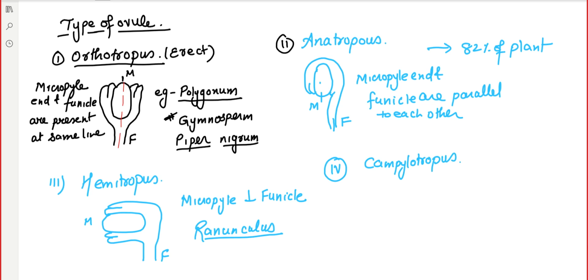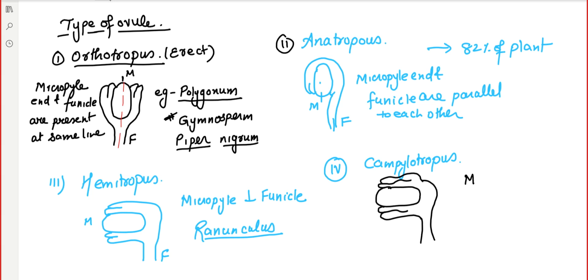Now campylotropous is exactly similar to hemitropous in terms of angle. Here the angle is also 90 degrees, but the difference is that the integument is wavy in this particular plant.